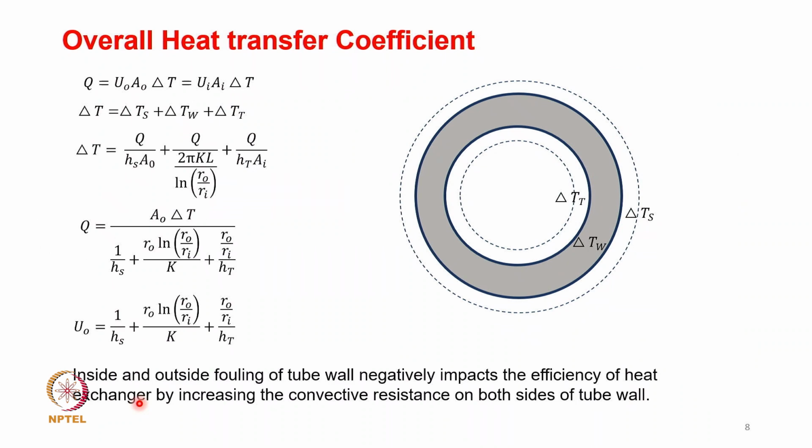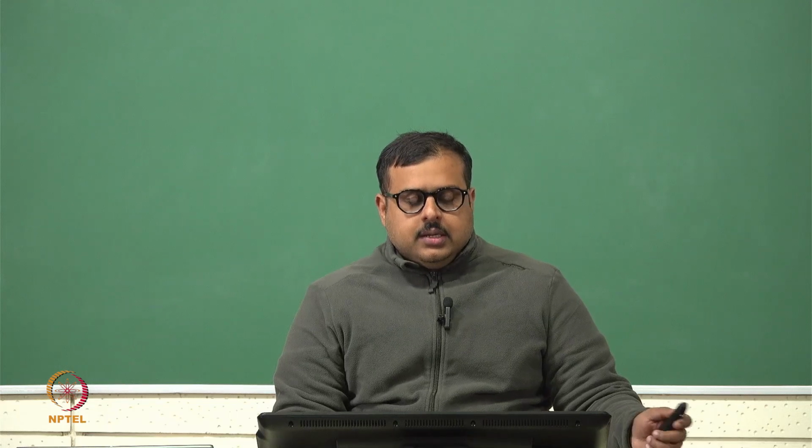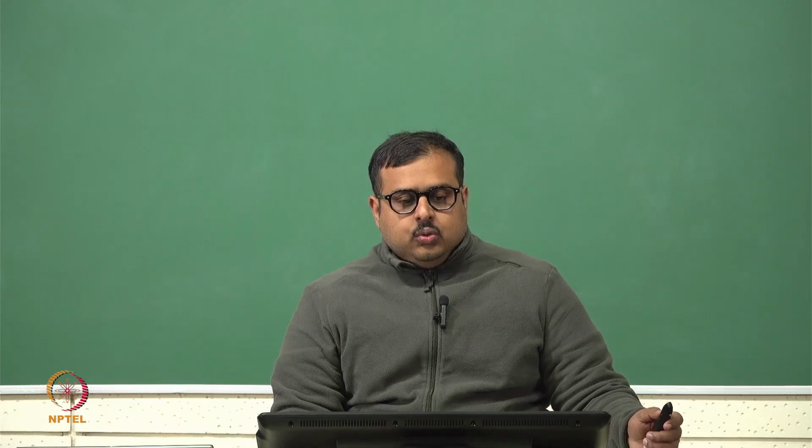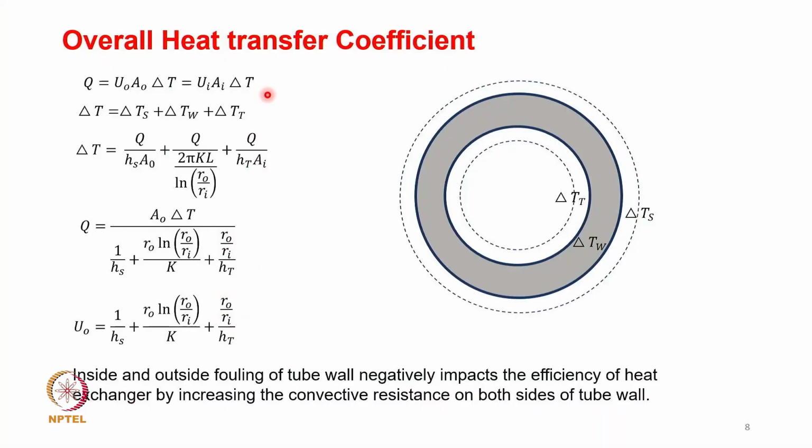Now let's do the overall heat transfer. Let's compute the overall heat transfer coefficient. Q is of course U naught A naught delta T, which is equal to Ui Ai delta T, because heat transfer across the tube side and shell side should be fundamentally equal due to energy conservation.